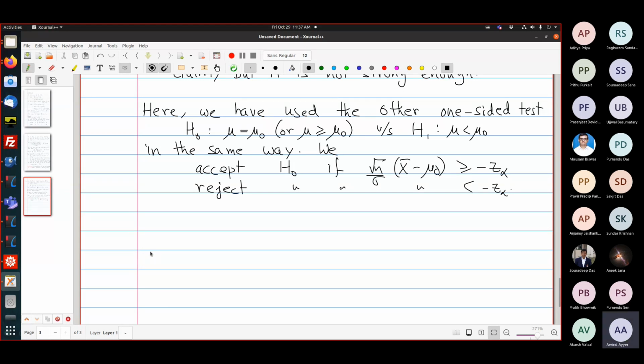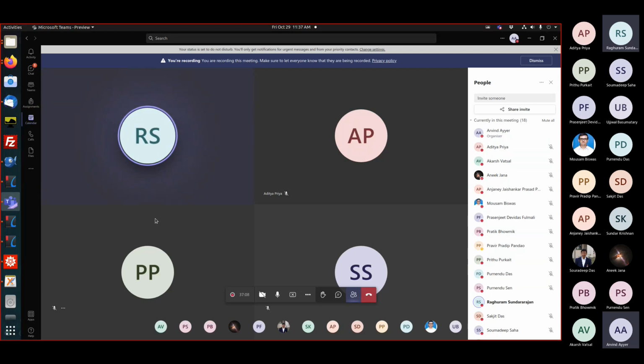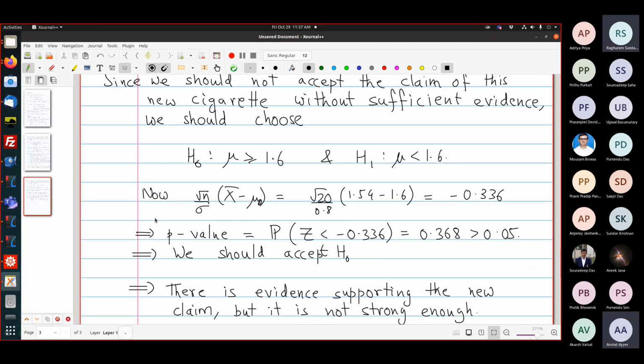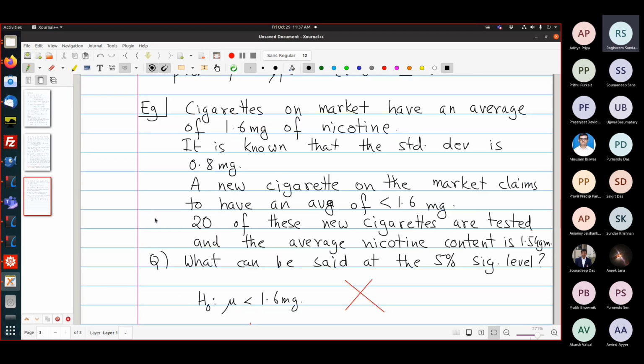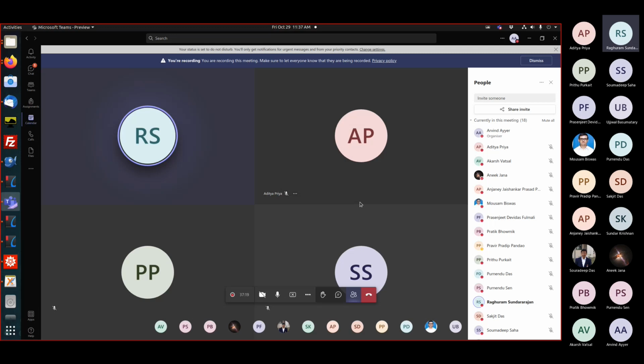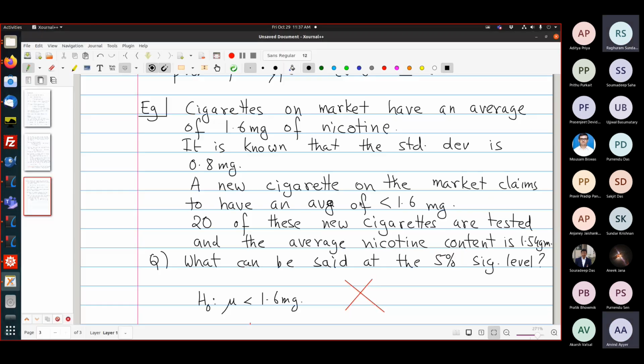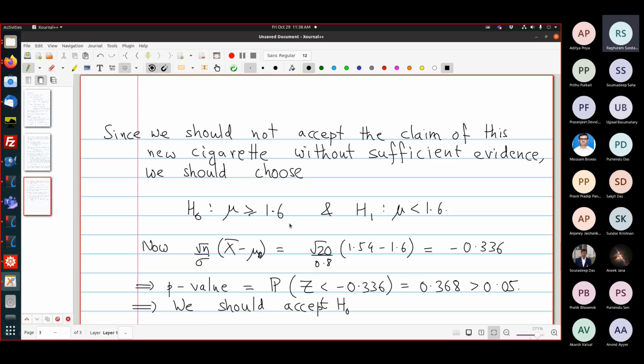Okay. Sir, could I ask another question about the choice of null hypothesis? Sure, go ahead. What if instead of the second cigarette company saying that mu is less than or equal to 1.6, the first cigarette company had said that mu was greater than 1.6? Would that change the null hypothesis? Or maybe some public interest court case was brought up and they made this claim.